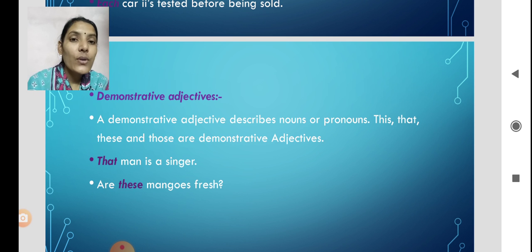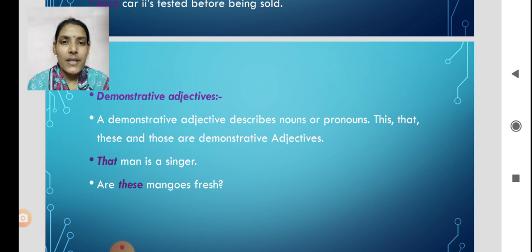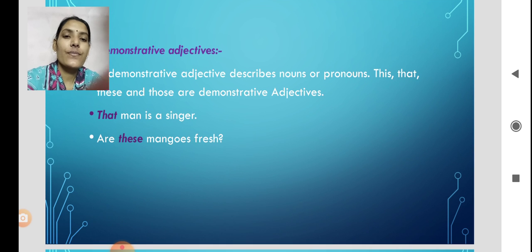We can point out that man. A little, there is a distance, but then we can make out or identify that person who is a singer. Are these mangoes fresh? Here, that and these both are demonstrative adjectives.